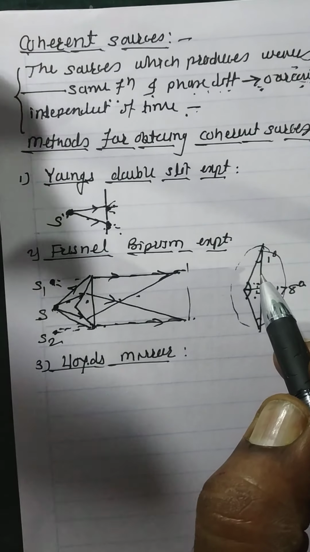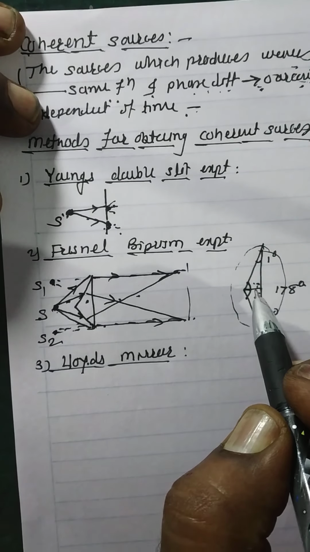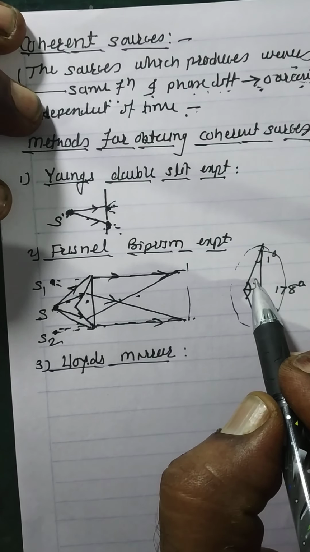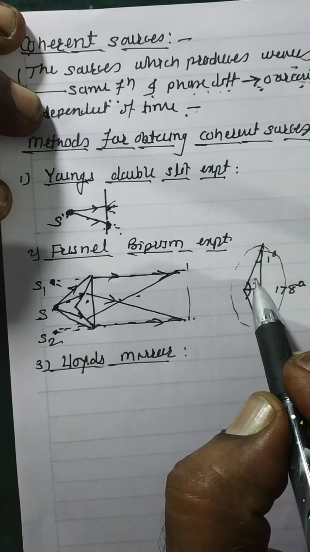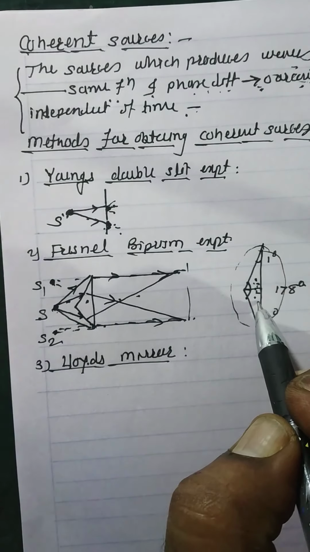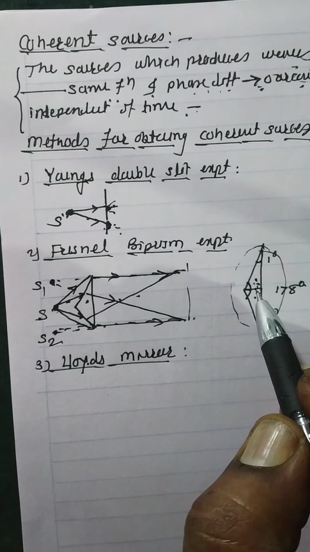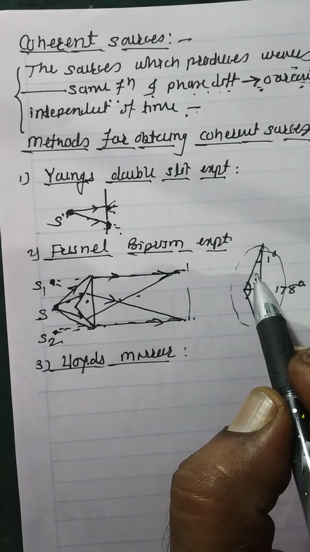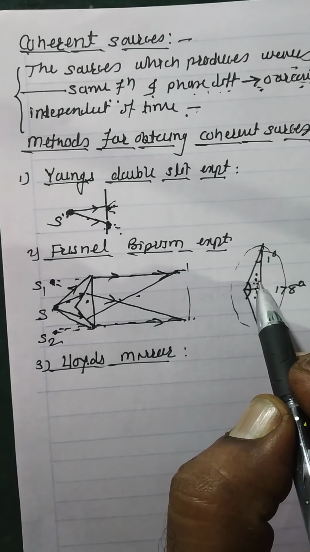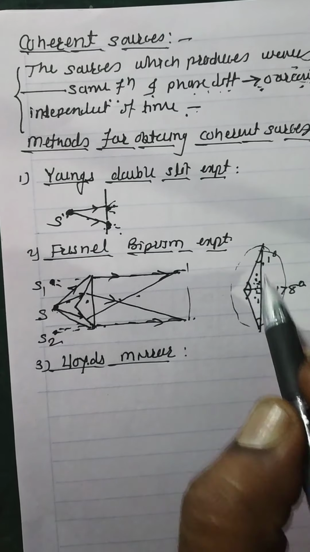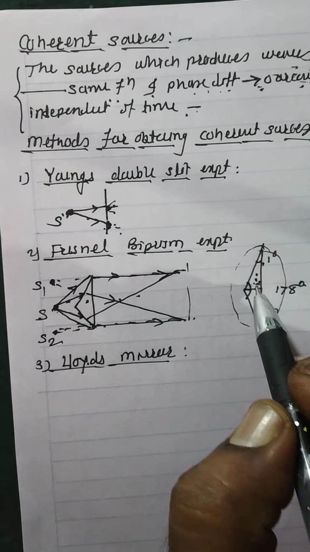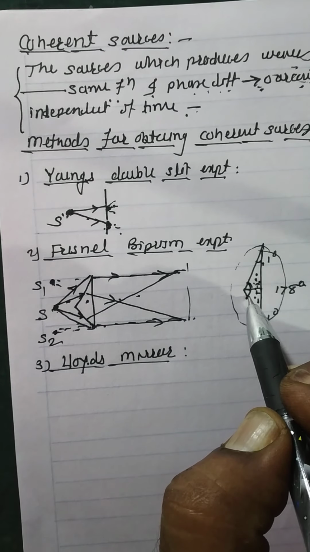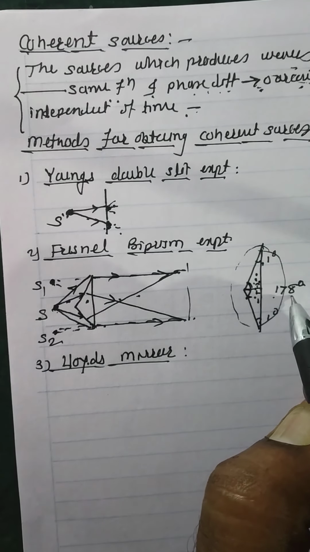What is a biprism? A biprism consists of two thin right-angled prisms having refracting angles of 1 degree each, connected base to base, so that the refracting angle of the biprism is 178 degrees.